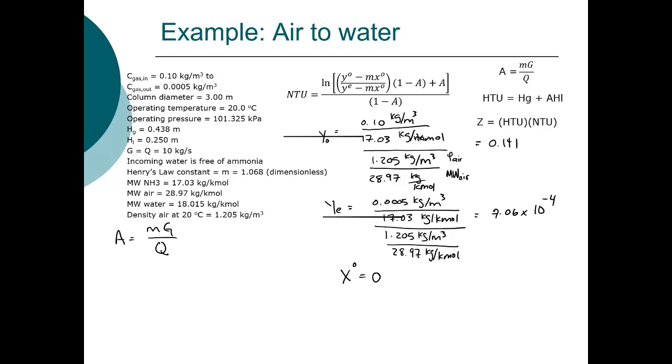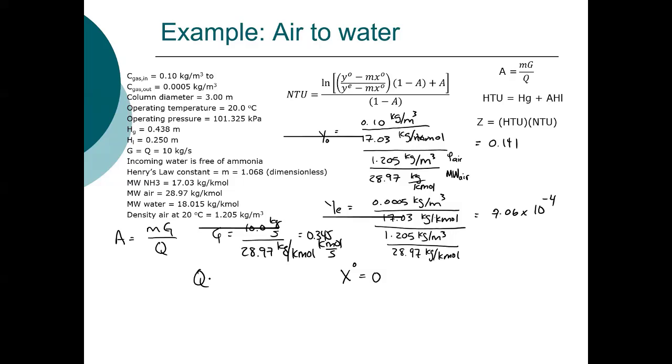We need G in kilomoles per second. So G is equal to 10.0 kilograms per second. That's air. We'll divide by the molecular weight of air, and that is equal to 0.345 kilomoles per second. So that's G. Again, it's in kilomoles per second.